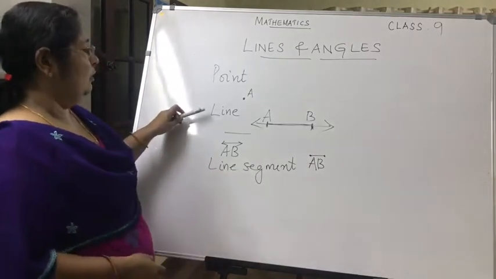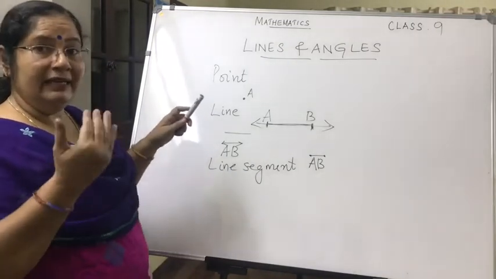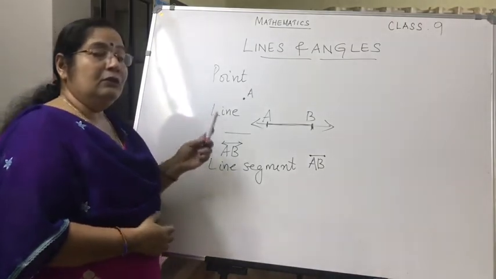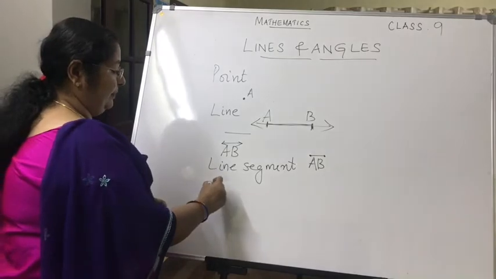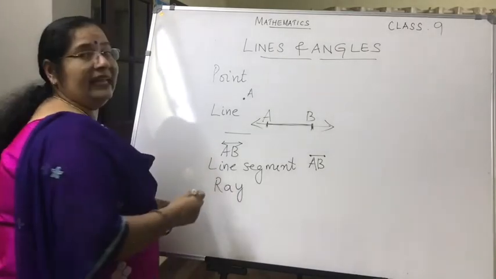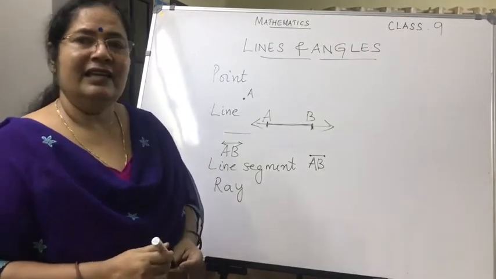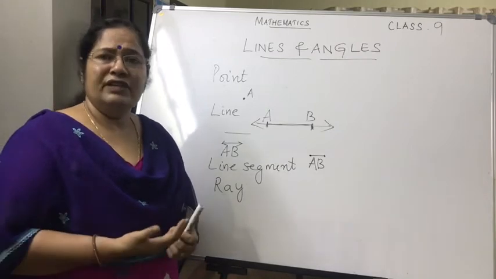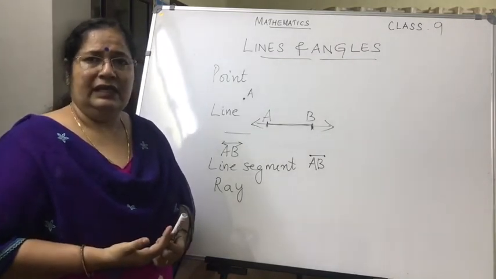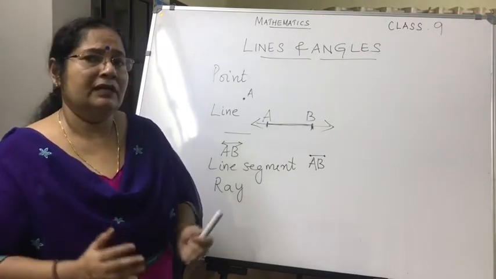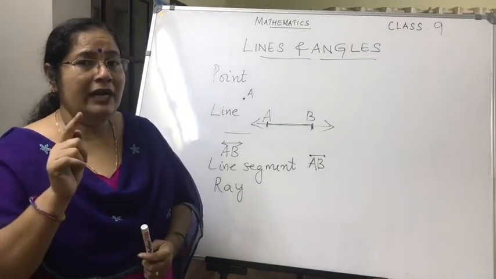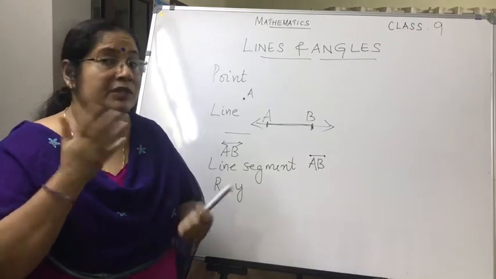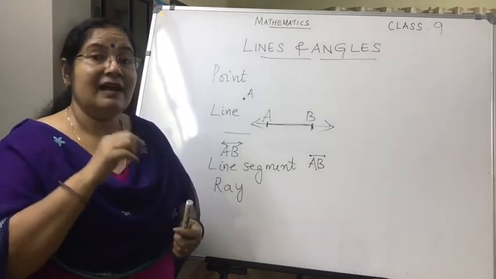So I hope you have understood the difference between a line and a line segment. Now the next basic concept is the ray. What is a ray? There also we can't give a clear definition. It can be a part of a line having one endpoint, the starting point.